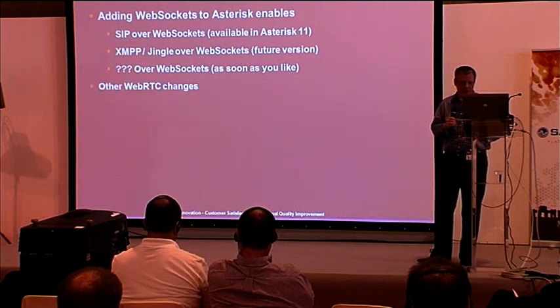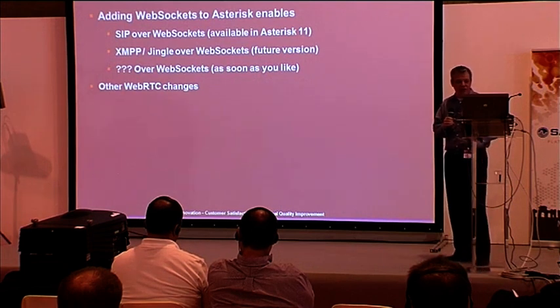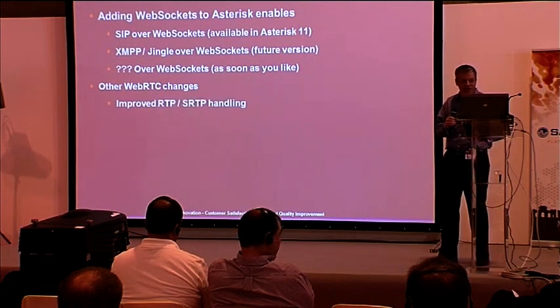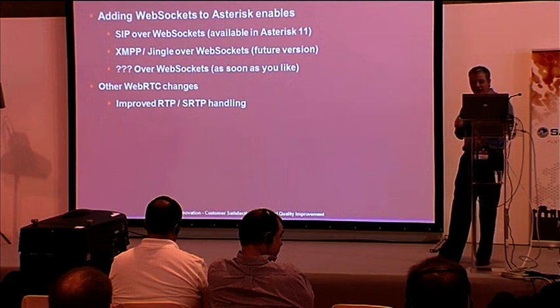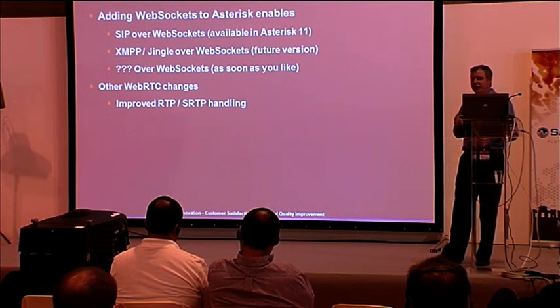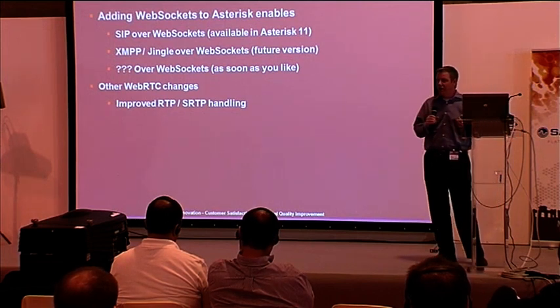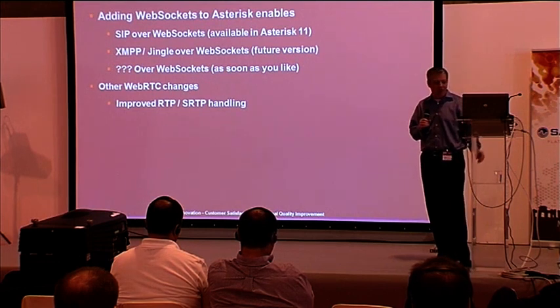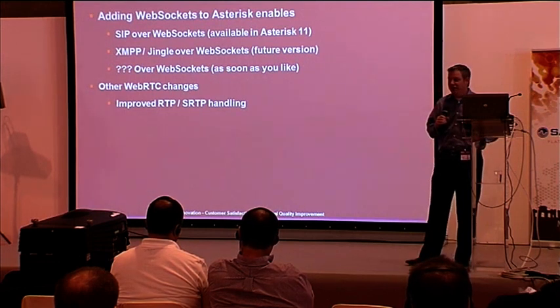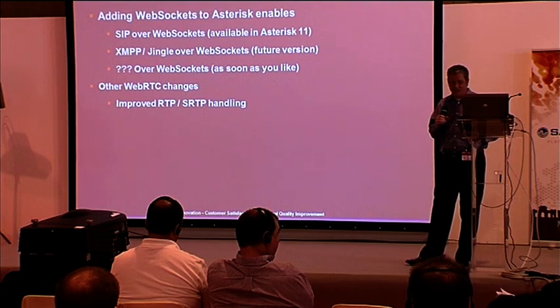So we're hoping that people will come up with new and clever and interesting ideas that can be bound into Asterisk as well. Some of the other things that we've changed in Asterisk in order to support WebRTC: we have gone through and refactored our RTP and SRTP stack so that we are using the same capabilities and constructs as the folks from Google when necessary.